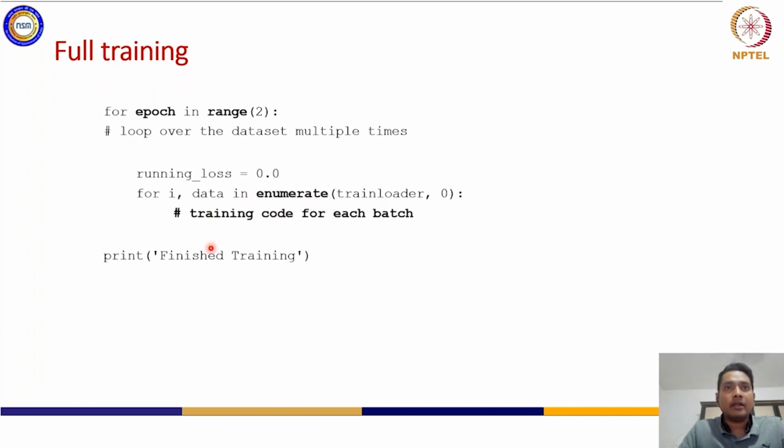Once training on the entire data, which is the training data here, is done, we will go again for the second epoch, and so on and so forth. After all the epochs that you have defined, you will finish the training. So this is essentially the loop for the training. So, defining the network, and then you need to write the loop for the training.